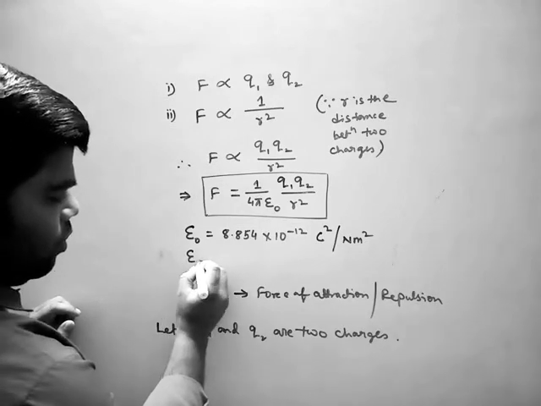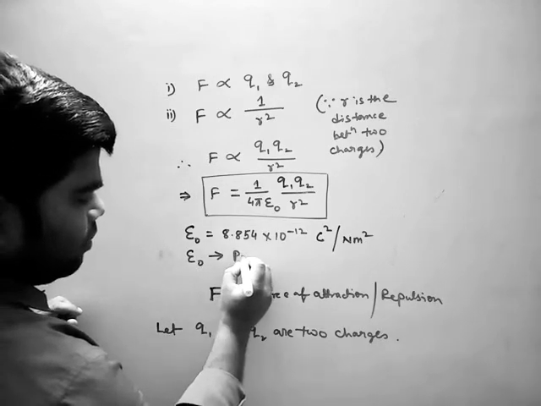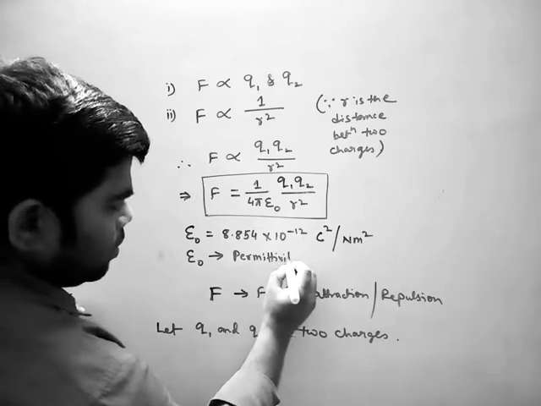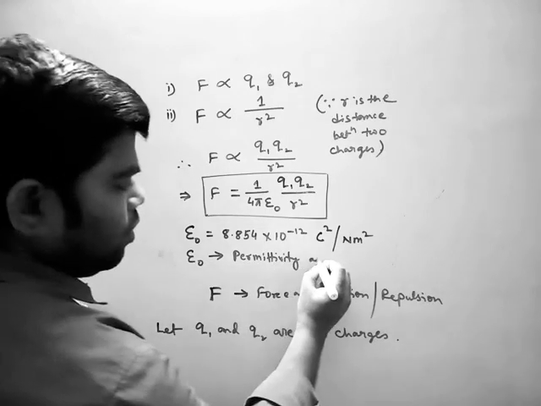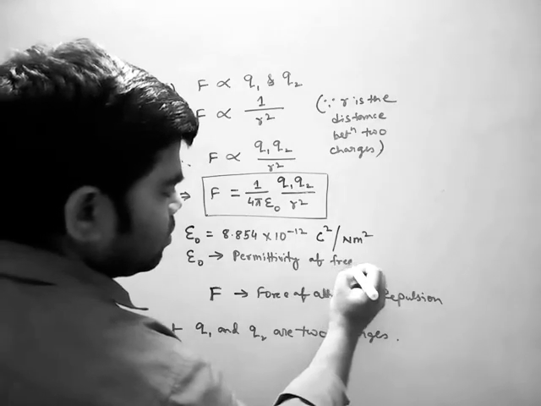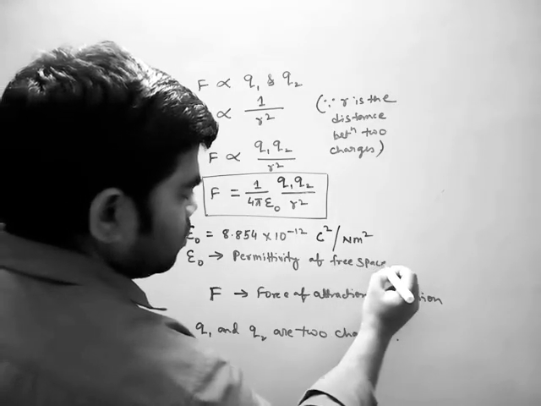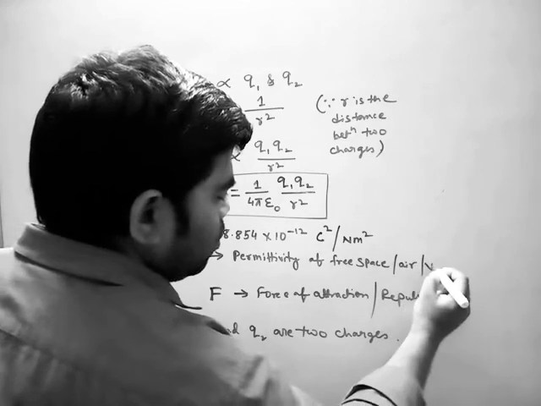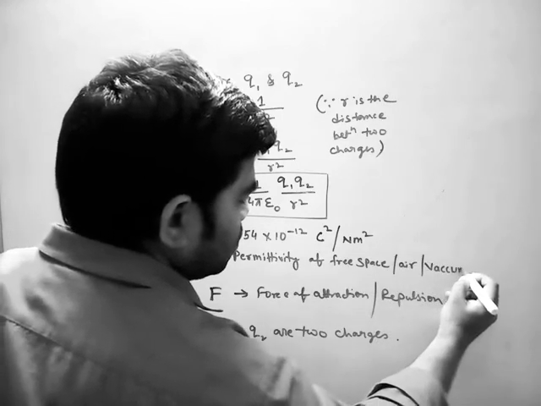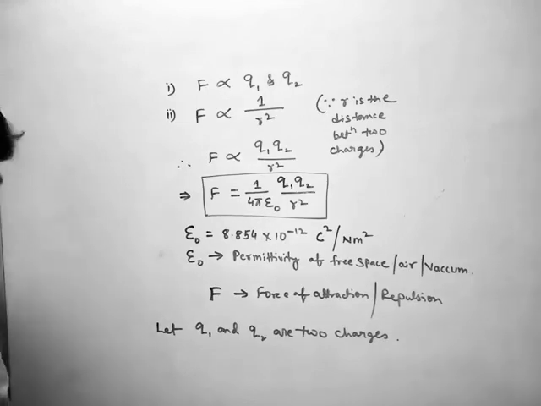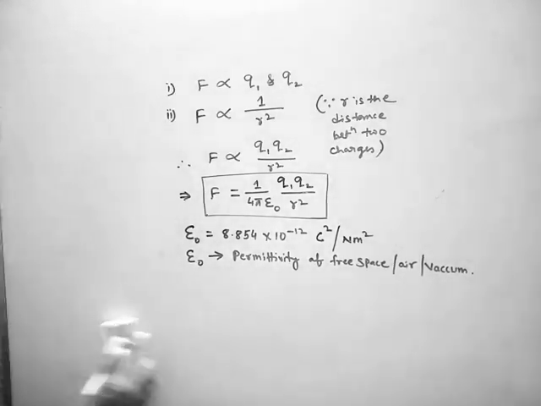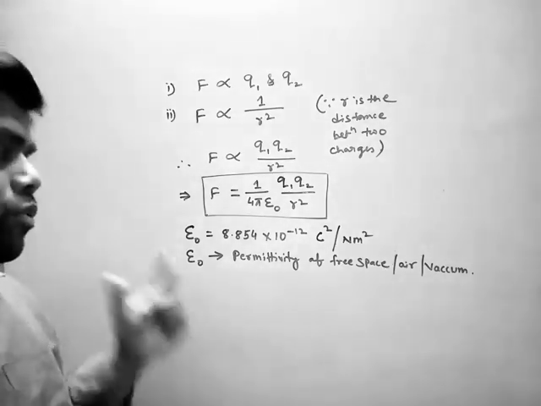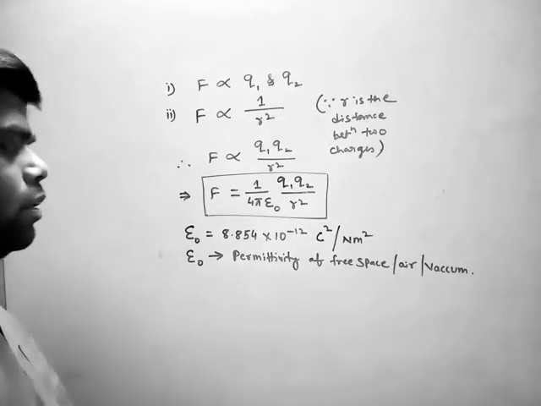And the name of this is the permittivity of free space, or air, or vacuum. So this is Coulomb's law first. It will help you to find out a lot of questions.